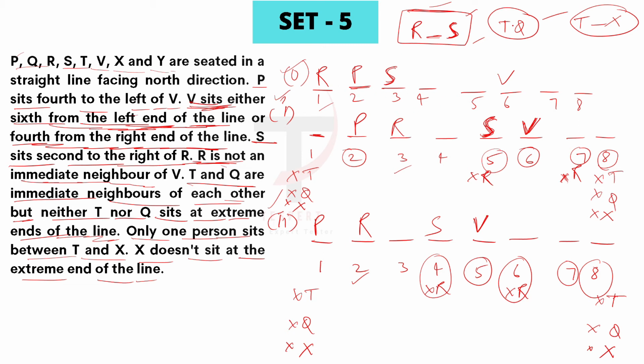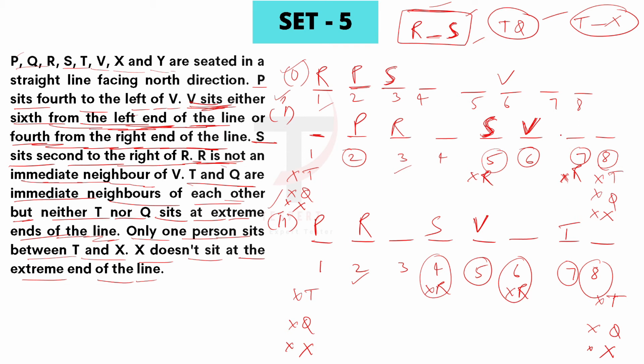Now let us fix TX and TQ. Let us fix these two. Now if we consider case 2, we cannot fix T at the 8th position, right? So it must take either position number 7 or 6. Now if we fix T at the 7th position, then where can we place X?